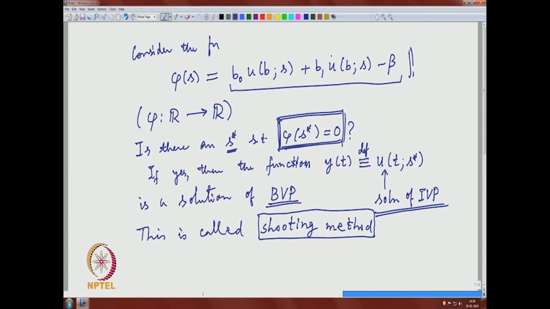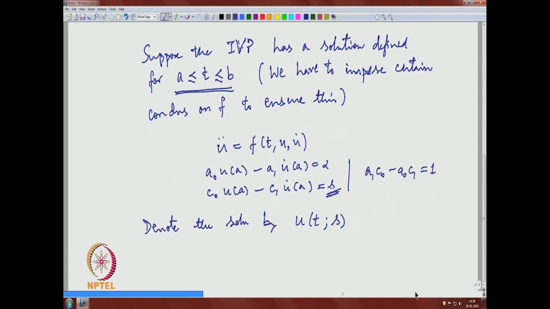Okay. So, in order to sum up, let me state a theorem.